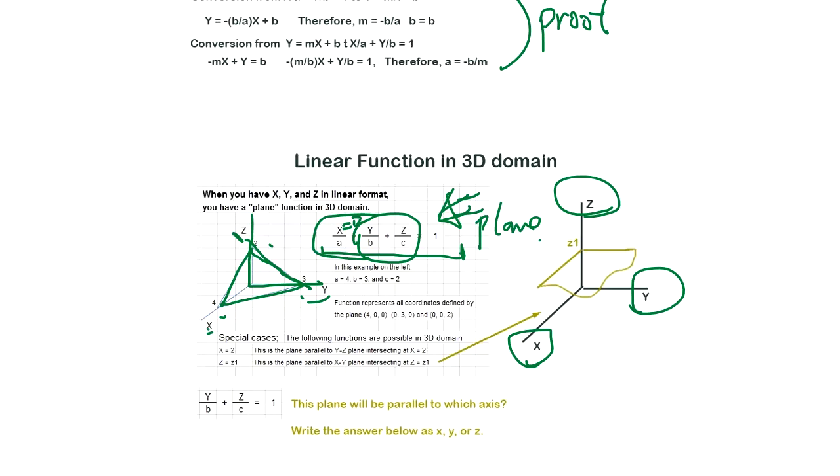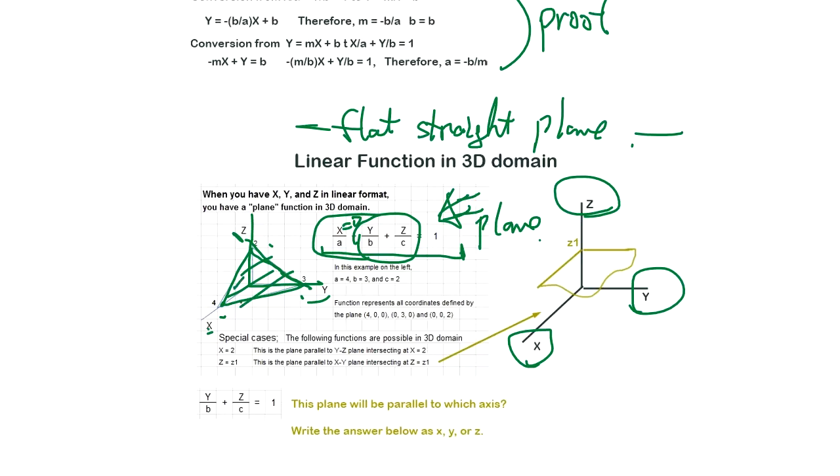Well, it's a flat, straight plane. That's a linear plane. Okay, in 3D, it's not a line, it's a plane, and a flat plane is the definition of a linear function in the 3D domain.